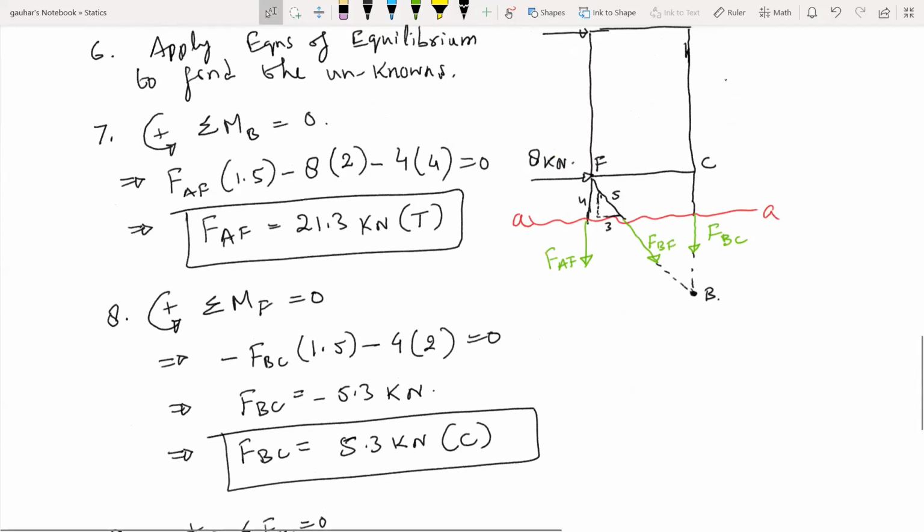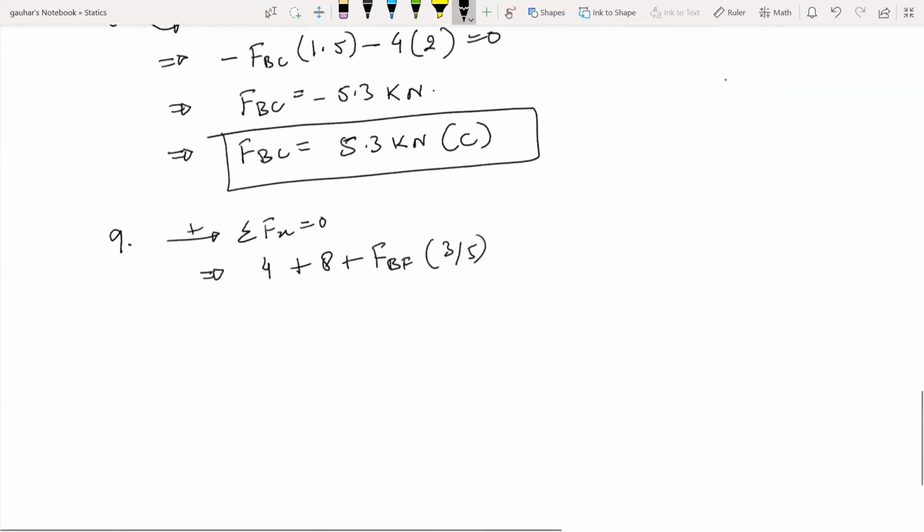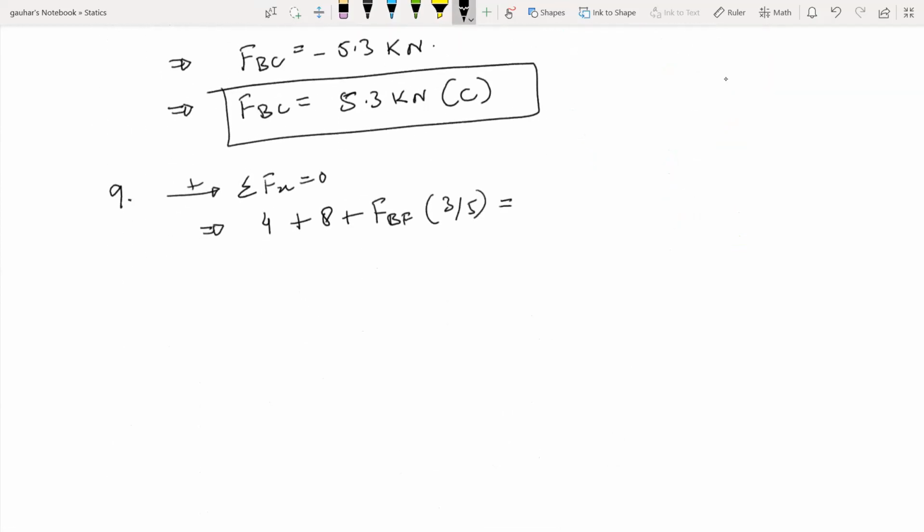This guy, FBF times 3 by 5 means horizontal component acting rightward, so it will be a positive equals to 0. And from here, we get FBF equals negative 20 kilonewtons.